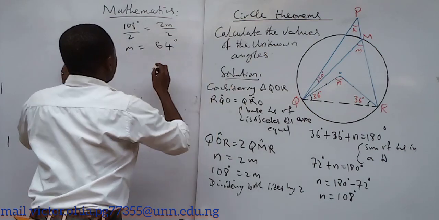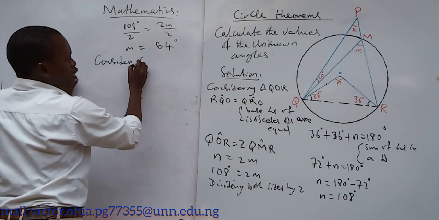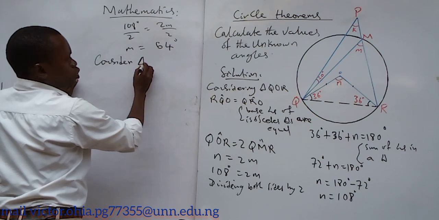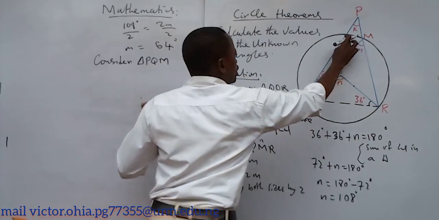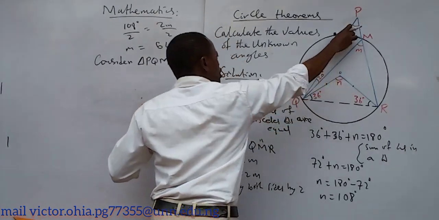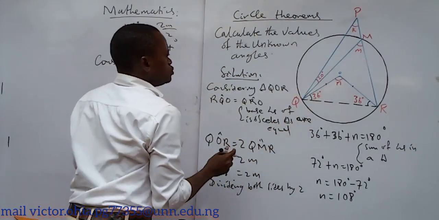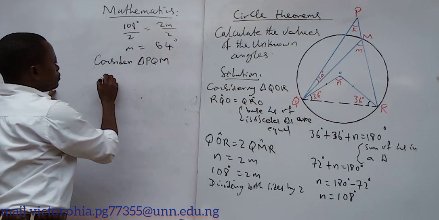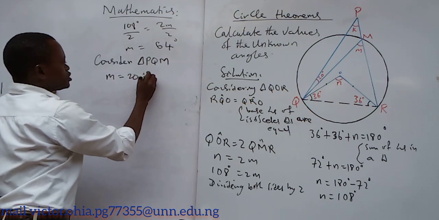Now, if m is 54 degrees, we want to find k. If you consider this triangle PQM, you realize that m is equal to 20 plus k.